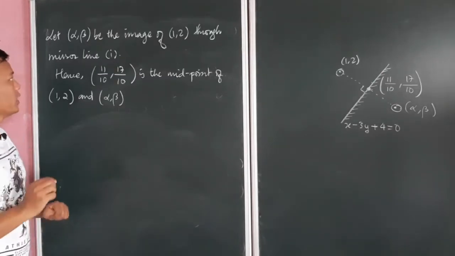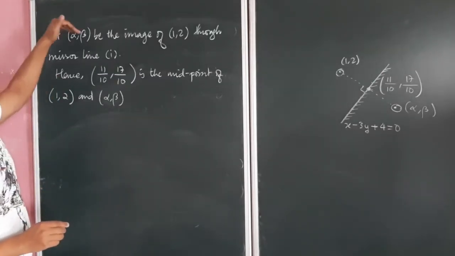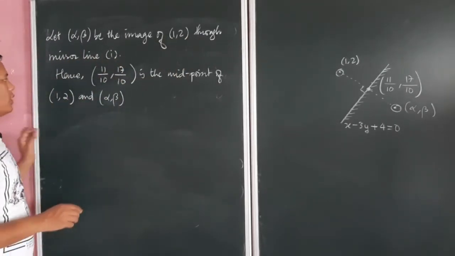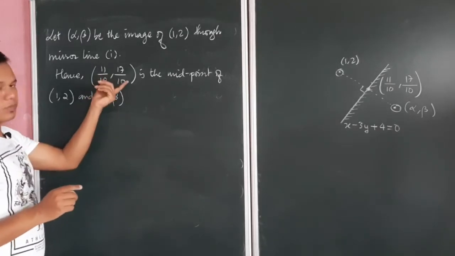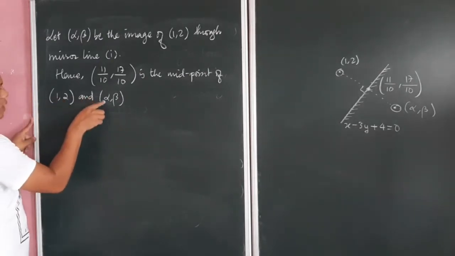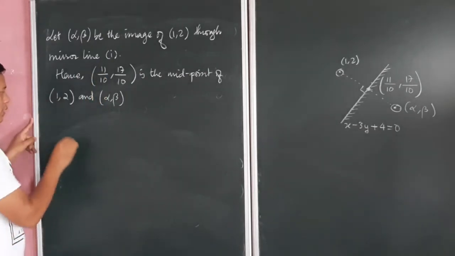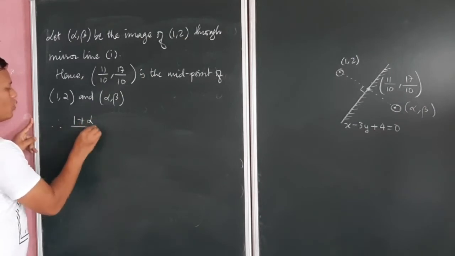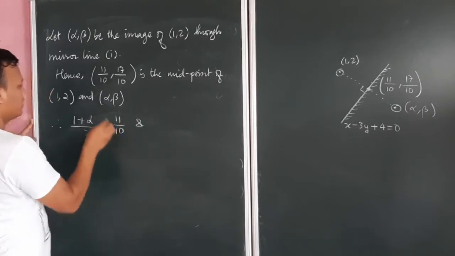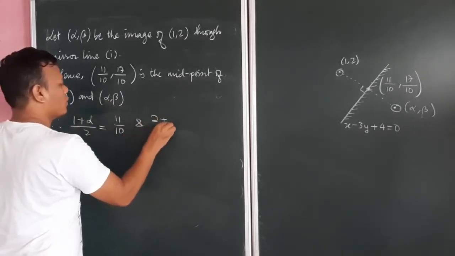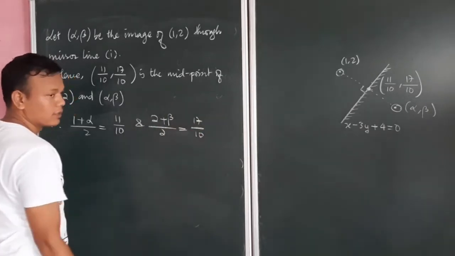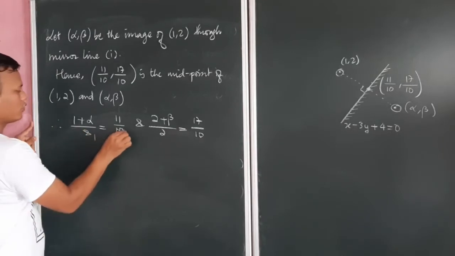Now let alpha comma beta be the image of 1, 2 through the mirror line. As we have already seen, the foot of the perpendicular will be the midpoint, right? So I can write 1 plus alpha whole divided by 2 equals 11 by 10, and 2 plus beta whole divided by 2 equals 17 by 10. 2 1s are 2, 2 5s are 10.